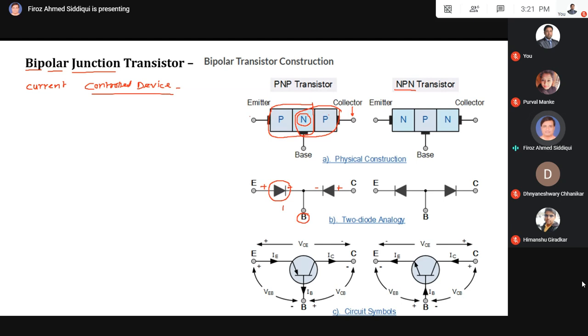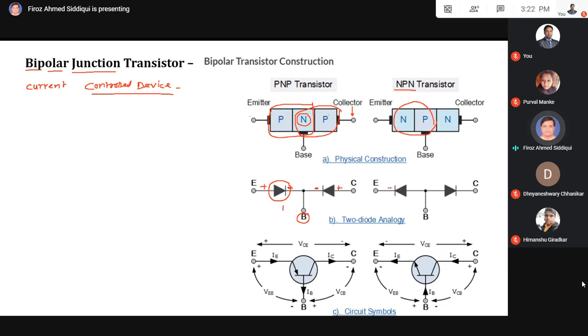If you see, this base is connected to the negative type material of the transistor. So if you consider the NPN transistor, this is one junction, N-type material, P-type material.